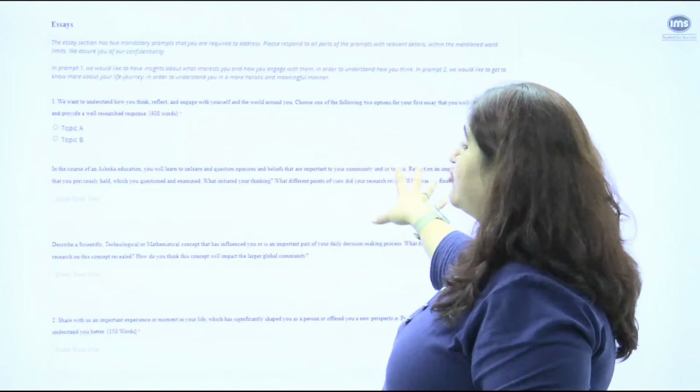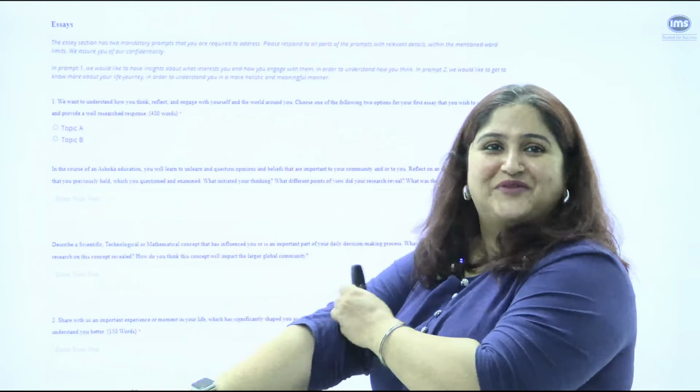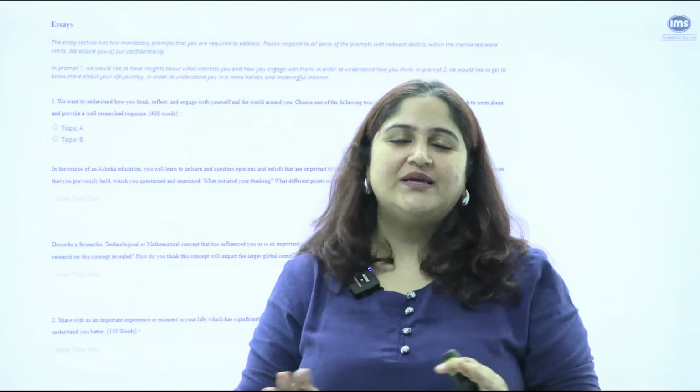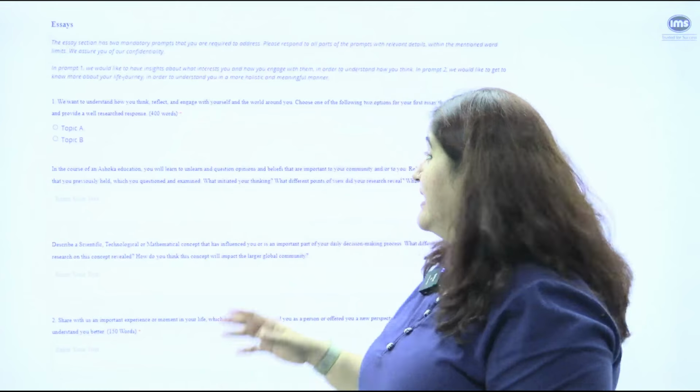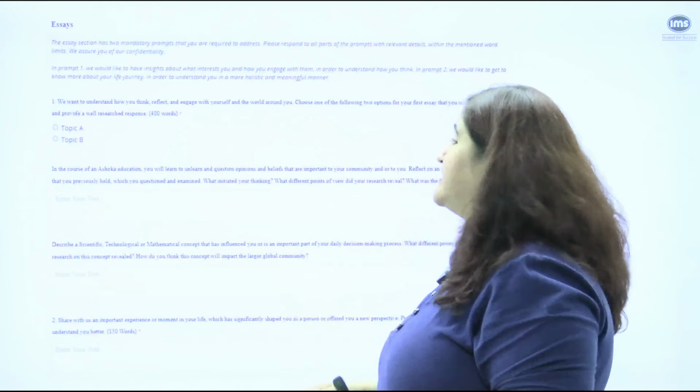This is the section for essays, the most loved section by students. Ashoka essays have always been very different and very introspective, and this year again they have very introspective essays.